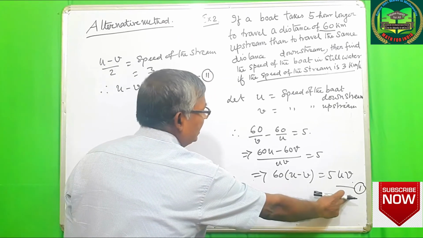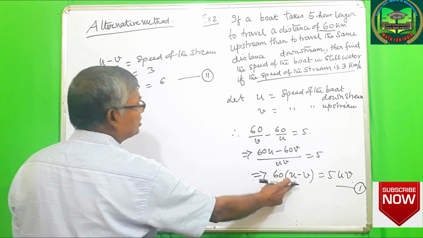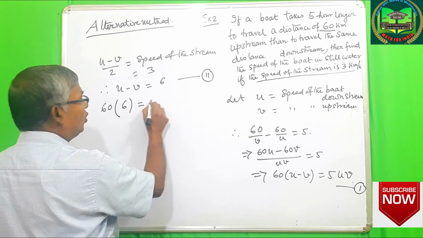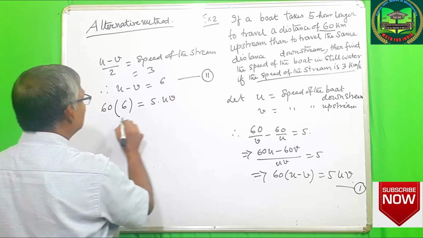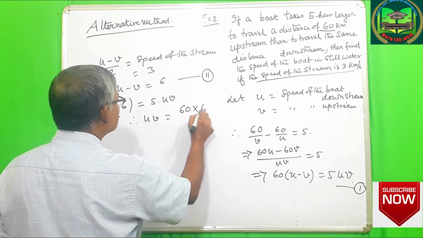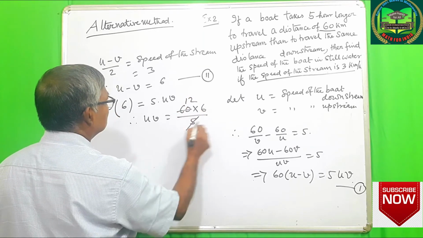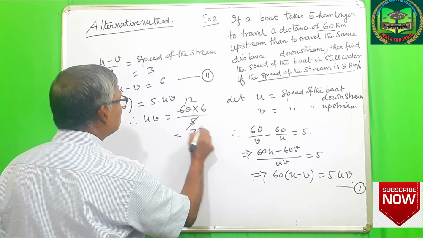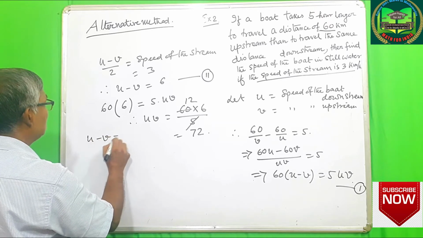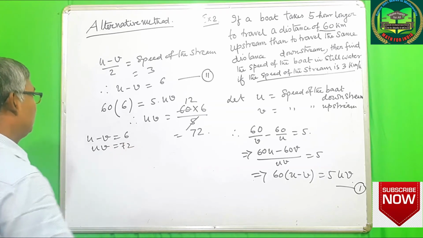From 1 we can write 60 into (u minus v), means 6 into 6, equal to 5 into uv. Therefore, uv equal to 60 into 6 by 5, that is 72. So we get u minus v equal to 6 and uv equal to 72.